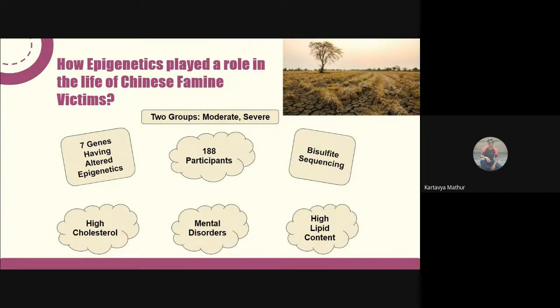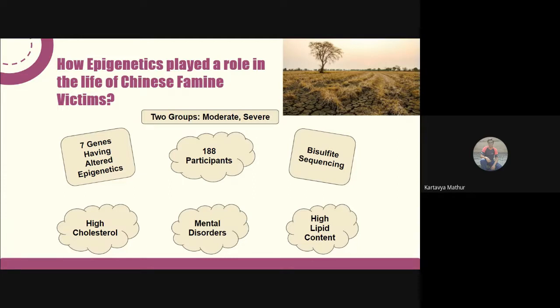In the Chinese famine case study which I mentioned, IGF-2 was used to study the epigenetics of 188 participants, who were divided into two groups, moderate or severe, based on the two different provinces which had different effects of famine. They used blood samples and extracted DNA from the white blood cells, and using bisulfite sequencing, they identified what type of methylations are present on our genome.